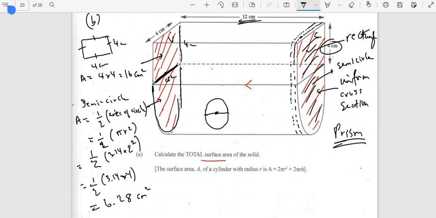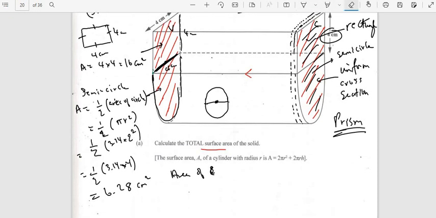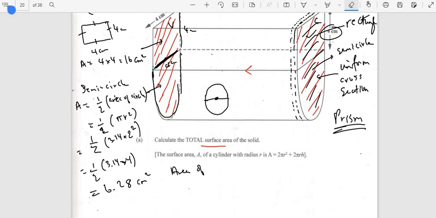So combining them, the semicircle plus the square, the area of the cross section is equal to 6.28 plus 16. That's 22.28 square centimeters.